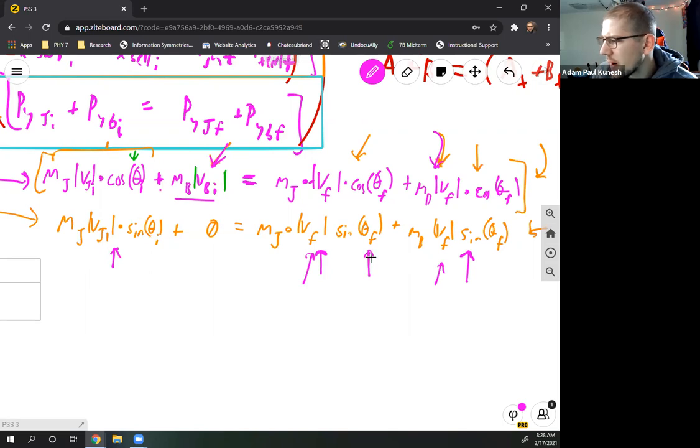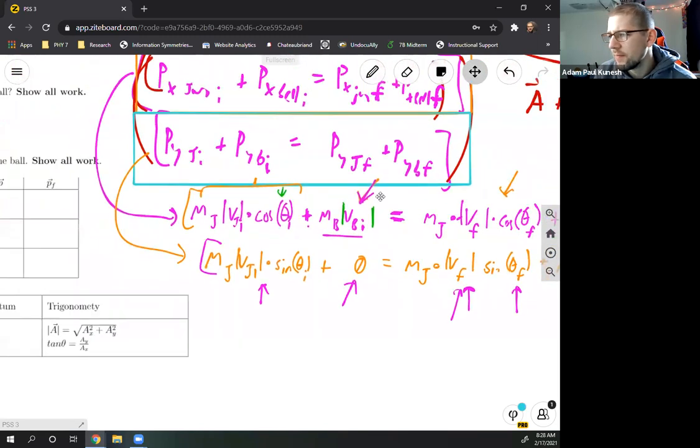I know Jersey's final angle, which is the same as the ball's final angle. Wait, hang on. Yeah, we're good. I don't involve the initial momentum or the initial velocity of the ball down here. So I'm going to use the middle one. It's an equation with one unknown, just VF. So let's solve this for VF, and then we'll finally have our answer for A.